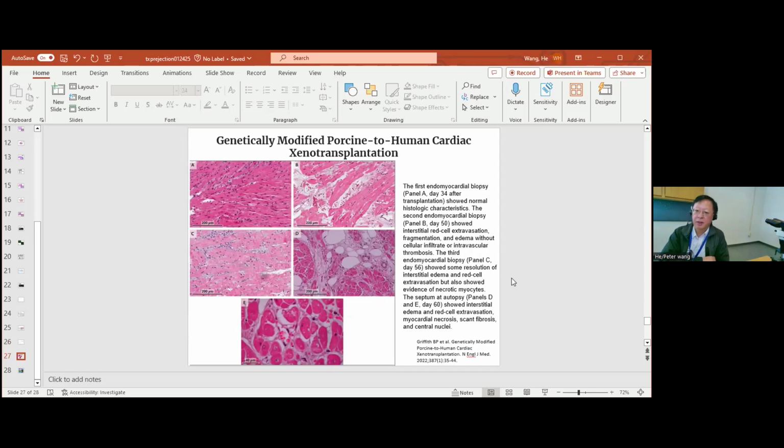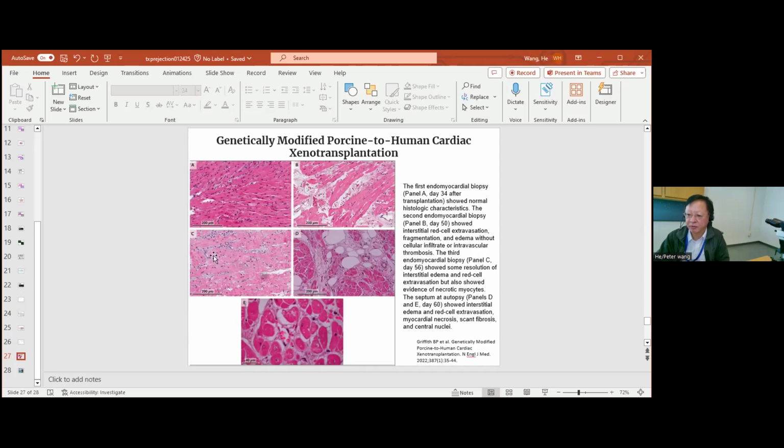Panel A is a normal, genetically modified pig heart, but at day 50, you can see a lot of edematous changes. We do not see much infiltrate, and some hemorrhage here too.